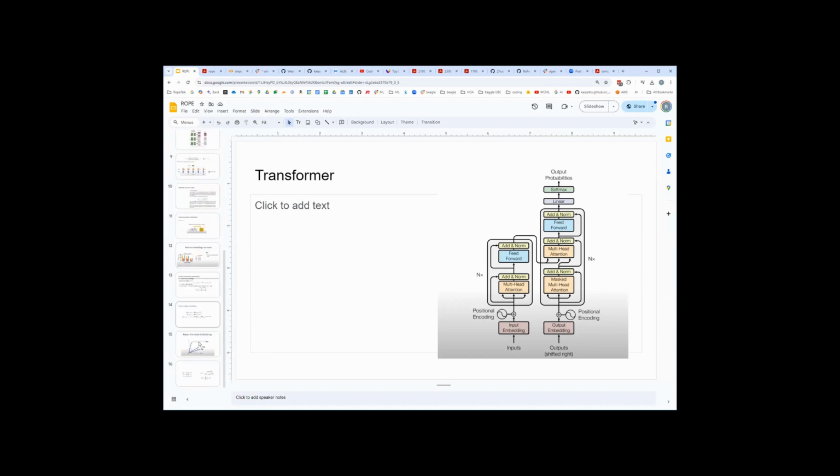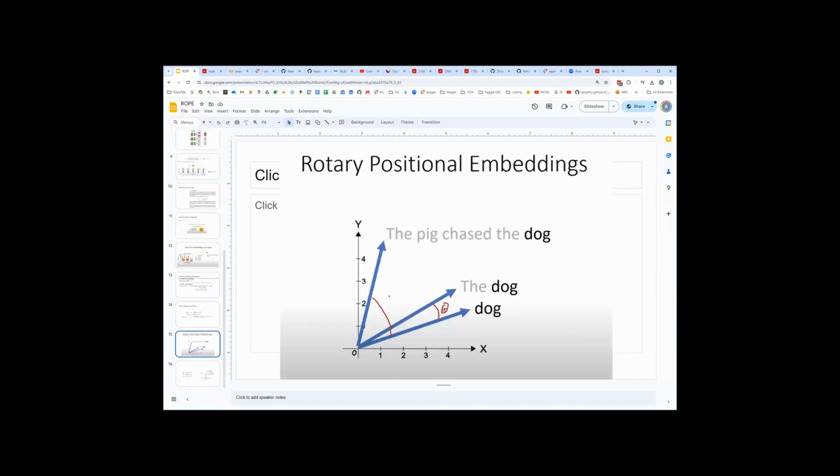Instead, rotary position does two things. One, instead of adding something, it uses a rotation, consequently preserving the magnitude of the vectors. So it's like taking your vocabulary and rotating it through this large high dimensional hyperspace.